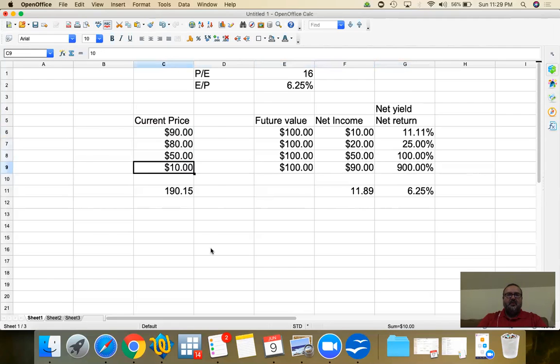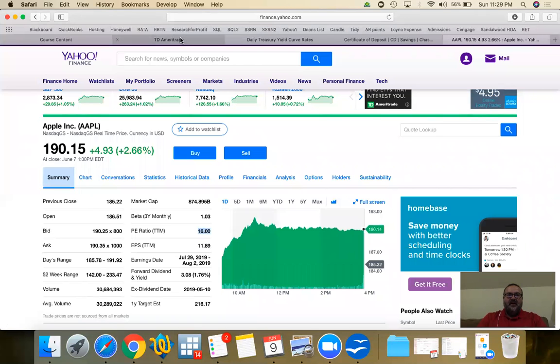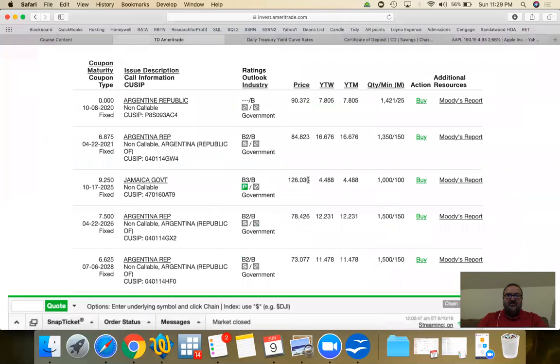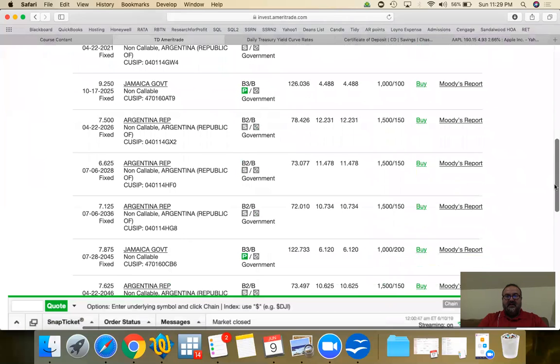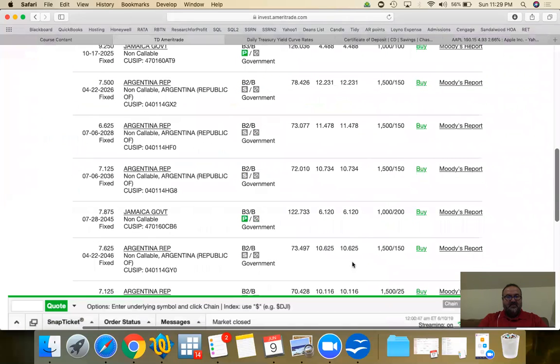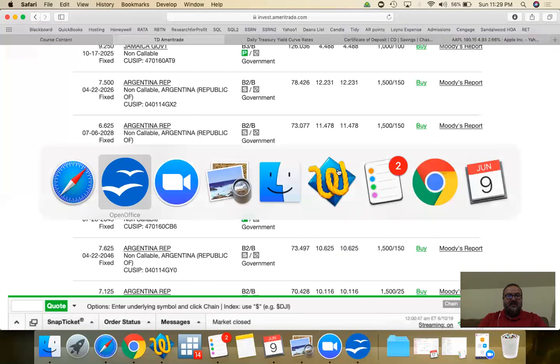So much so that in the case of Argentina, you notice that we're earning a yield of 16%, 12%, 11%, and 10%, and so on and so forth, for a simple bond.